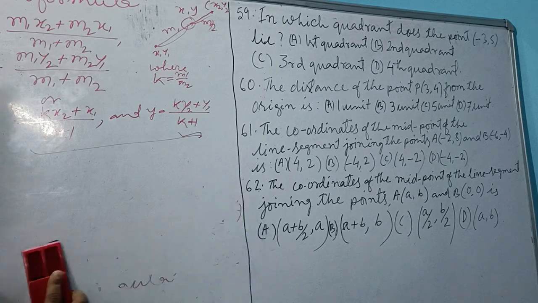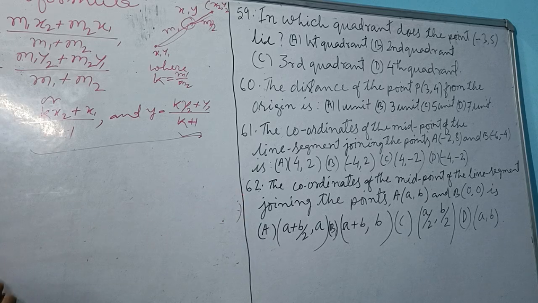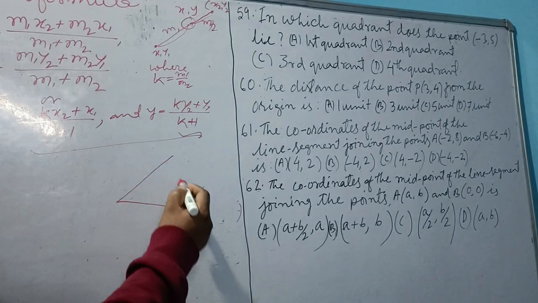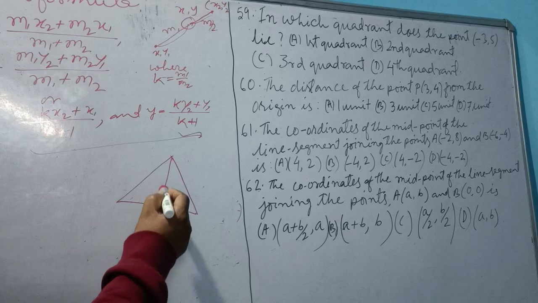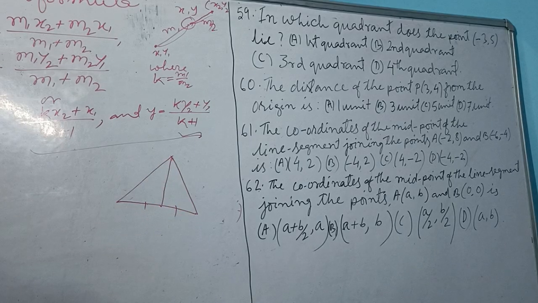Another one, we have the centroid. You know, the point of intersection of the medians of a triangle is called the centroid, and the centroid of a triangle divides that line in the ratio 2:1. So suppose this is a triangle. Clear? The line which we draw from the opposite vertex of a triangle joins this side at the midpoint.